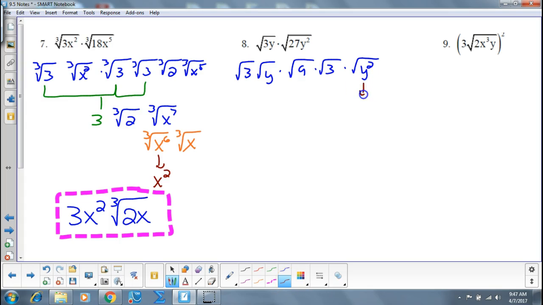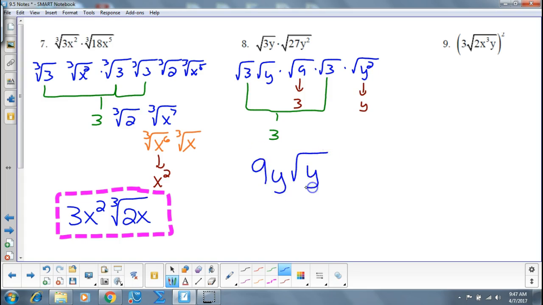This one is y, this one is 3, and these two make up 3. So that leaves me with 9y times the square root of y.